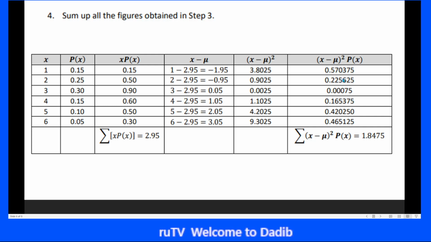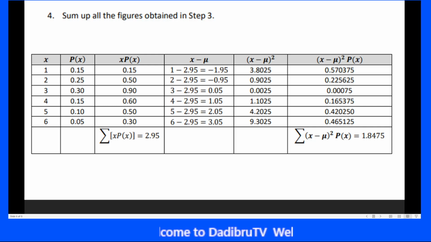So getting now the sum, 0.570375 plus 0.225625 plus 0.00075 plus 0.165375 plus 0.420250 plus 0.465125 is equal now to 1.8475. This 1.8475 is known as our variance.